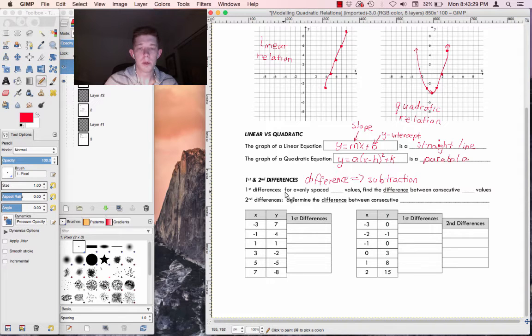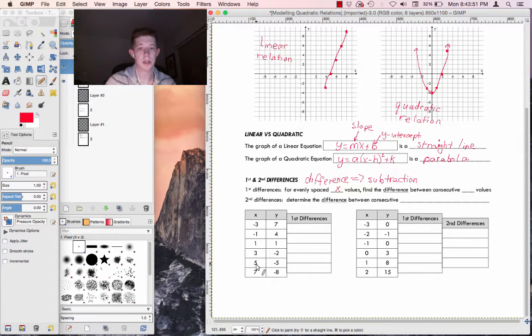So for evenly spaced x values, what we want to do, if we're given a table, is make sure that all of our x values are evenly spaced. So let's take a look at this first one here. It's -3 to -1, and then -1 to 1, 1 to 3, 3 to 5, 5 to 7. They all have a difference of 2.